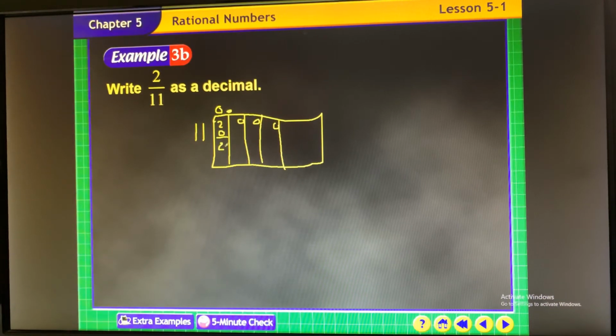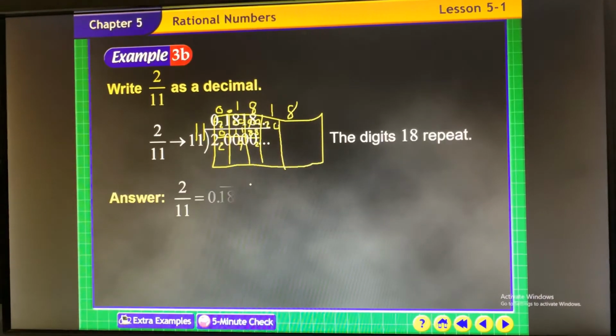Bring down the 0, bring up the 0. 11 goes into 20 1 time. Put that down. Subtract, you get 9. Bring up the 0. 11 goes into 90 8 times. Subtract, you get a 2 again. Oh, do you notice we're repeating? So it's 18 hundredths repeating.